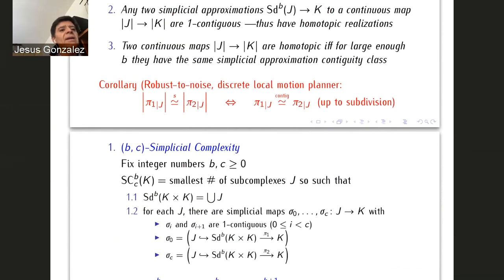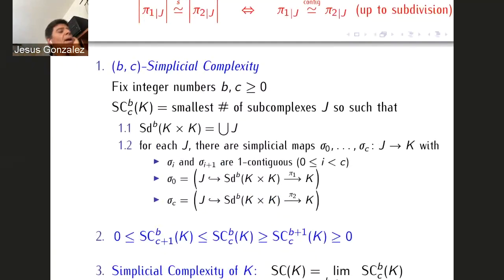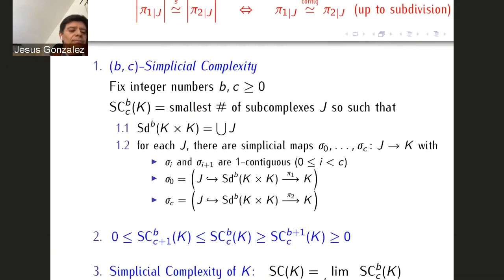But the problem here is the graph is huge, because you might need to allow yourself to subdivide large enough. But anyway, everything is on the table, and I can do the main definitions in 5 minutes. Fix a couple of numbers, B and C. B is going to stand for the number of subdivisions that you're going to allow yourself, because I'm interested in programming this, implementing this in a computer.